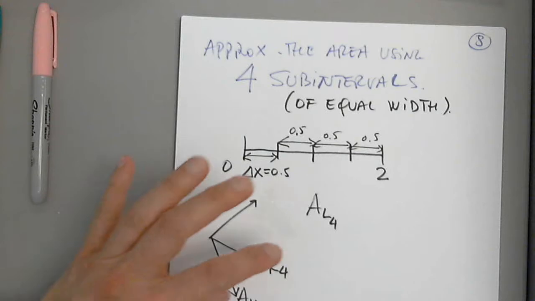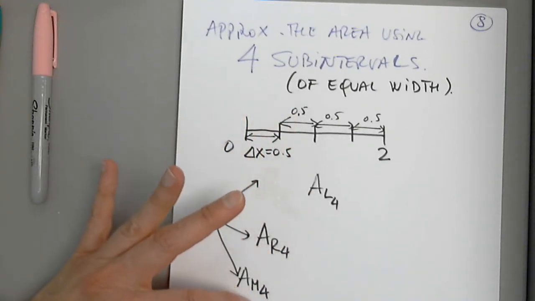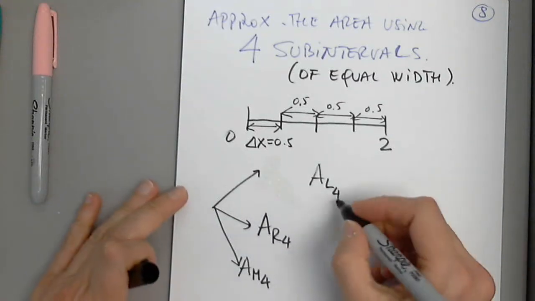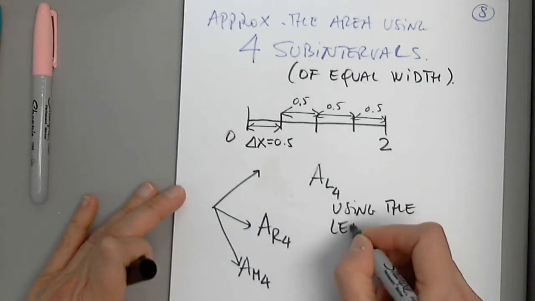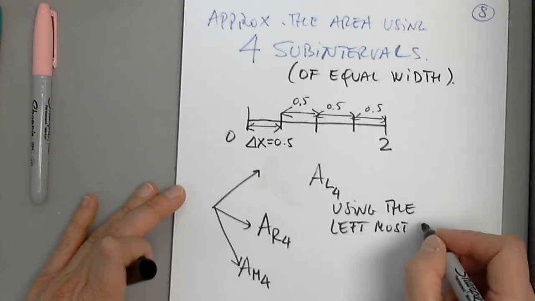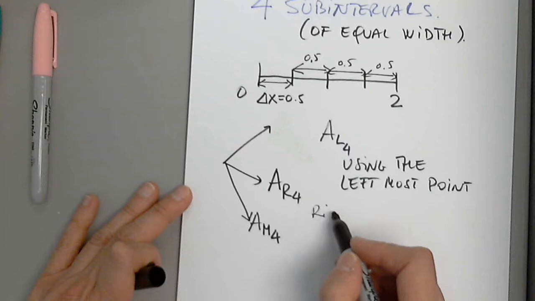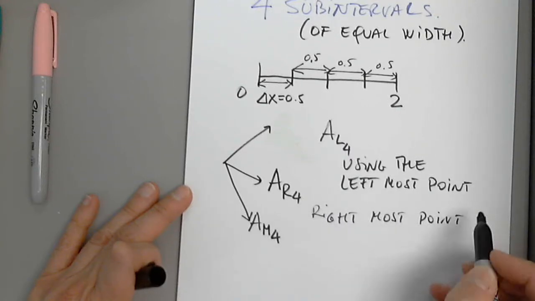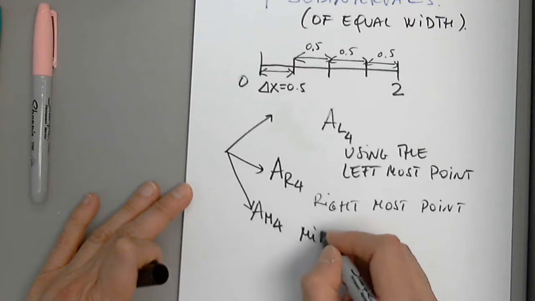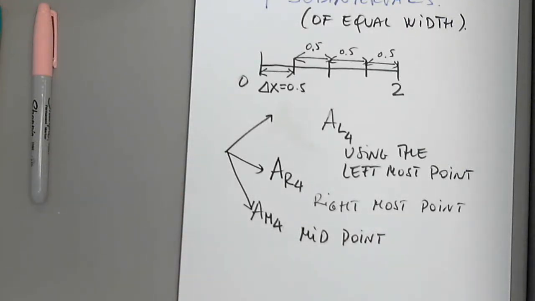What does this mean? What is L? What is R? And what is M? Left, right, mid. So this is using the leftmost point. This is the same, but with the rightmost point. And this is with the midpoint.